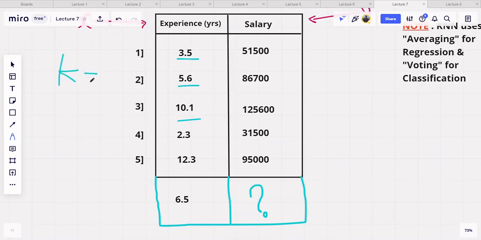Now in this case we'll use these three samples, and we'll try to estimate our prediction.